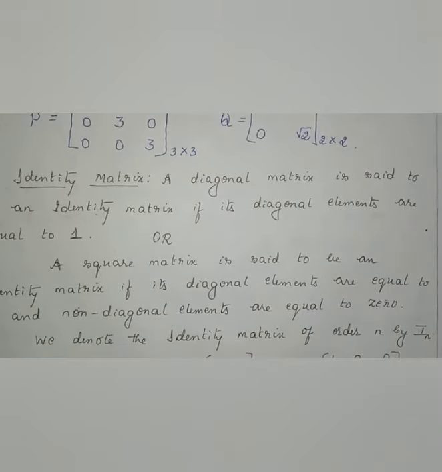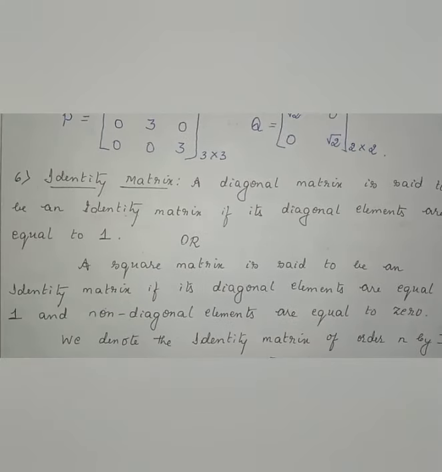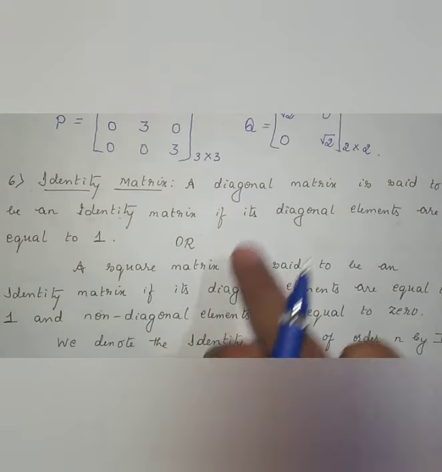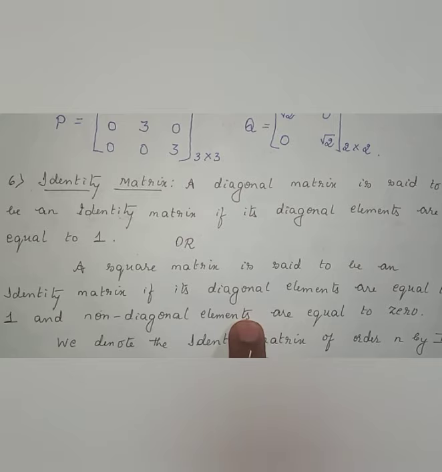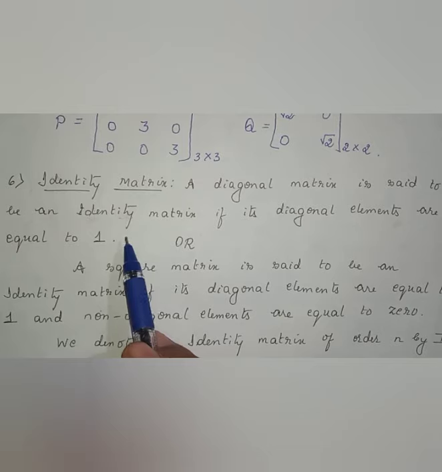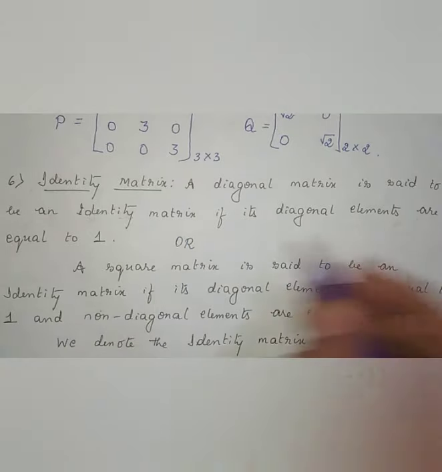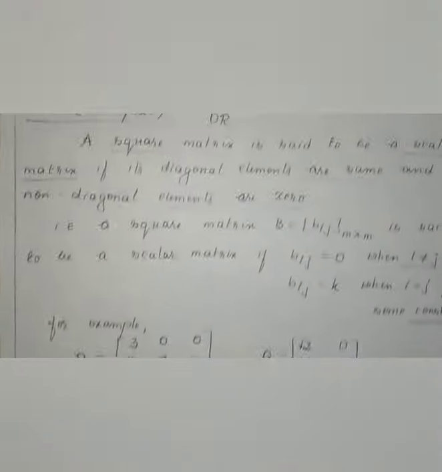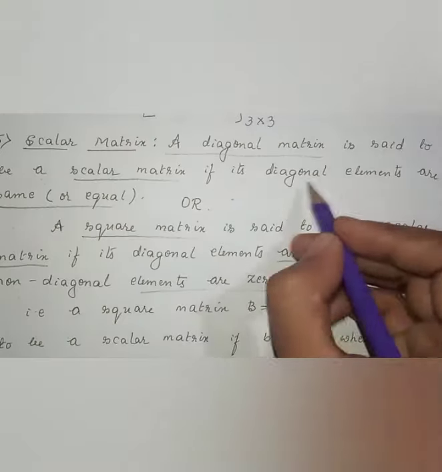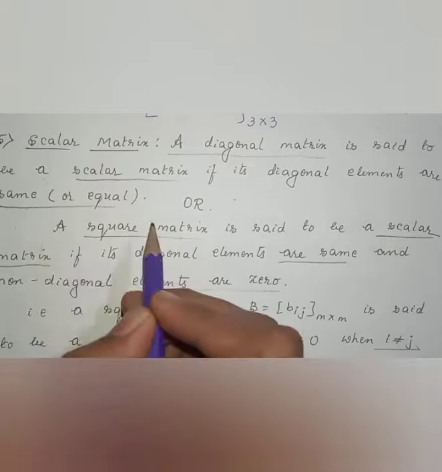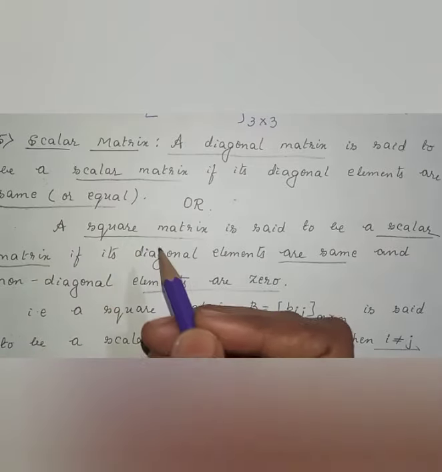Next comes the identity matrix. Here also we can define this matrix in two ways. One is, a diagonal matrix is said to be an identity matrix if its diagonal elements are equal to 1. In the scalar matrix, we define that the diagonal elements are equal or the same, equal to what, we don't know, that may be a general number.